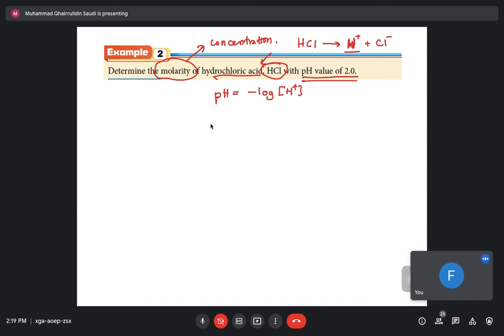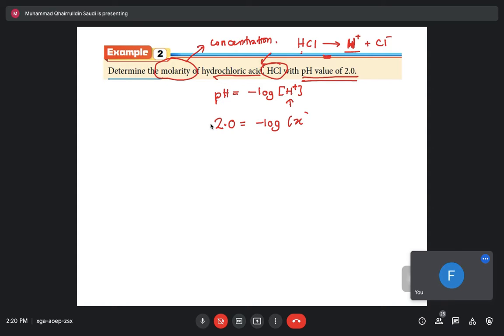So, the concentration of hydrochloric acid is equal to the concentration of hydrogen ions. So, sekarang ni question nak this part. So, what should you do? Kita ambil sahaja apa yang dia dah bagi. So, pH value is 2.0 and then negative log. This is X, benda yang kita nak cari.